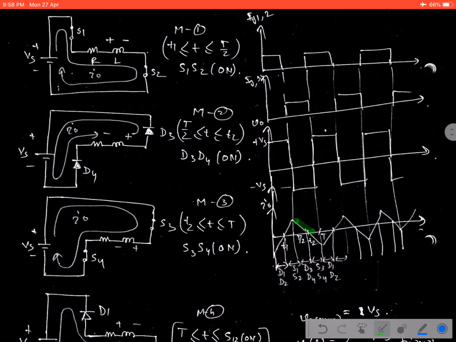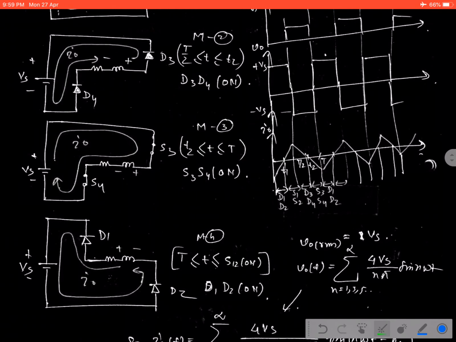When mode 3 begins, what happened? Again the current starts flowing through this direction. That means the inductor again starts storing energy, but in the opposite direction with respect to the first mode of operation. That is why the inductor stores energy and the current gradually increases in the negative direction during this operation. Then the inductor again tries to discharge, which is followed by this equation in this circuit.